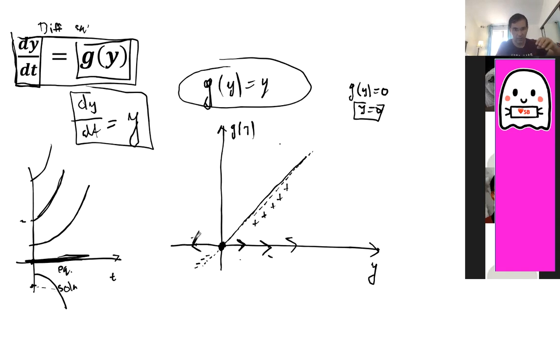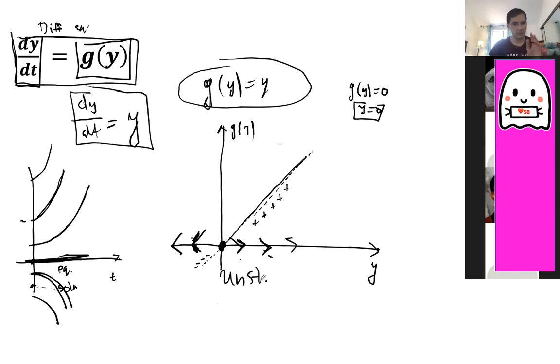We don't know exactly how this solution looks like because we don't have the formula, but we do know that it has to be a decreasing one because its derivative is negative. We can take any point like this. Because we have this situation, 0 is an equilibrium solution to this differential equation and it is unstable.